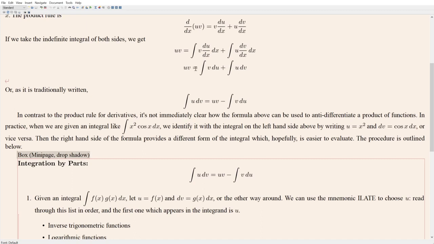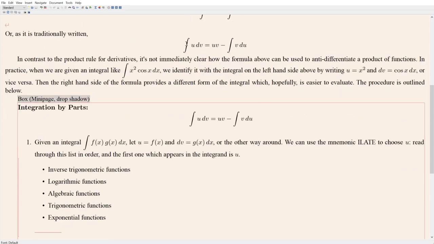So that we end up with this formula here. And the way that this is traditionally written is we isolate this bit, the integral u dv, and then take this bit and move it over to the other side. So this is called the integration by parts formula. You can think of it as being maybe the closest thing to a product rule that we have for integrals.